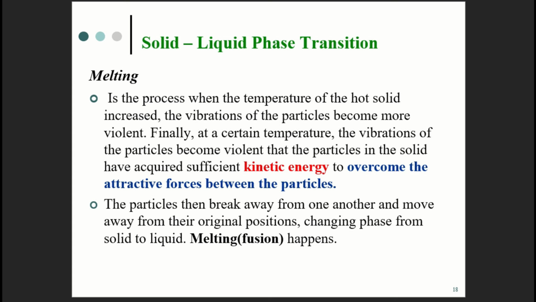The vibration of the particles becomes more violent, and finally, at a certain temperature, the particles have acquired sufficient kinetic energy to overcome the attractive forces between them. The particles then break away from one another and move away from their original position, changing phase from solid to liquid. Thus, melting or fusion happens.